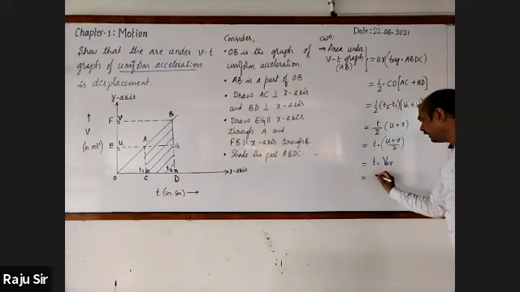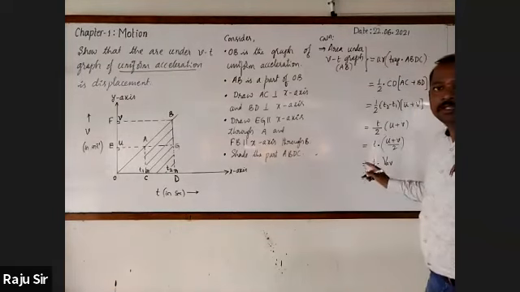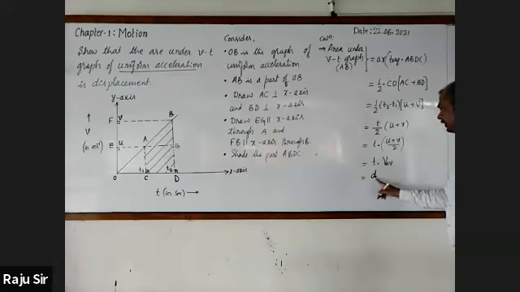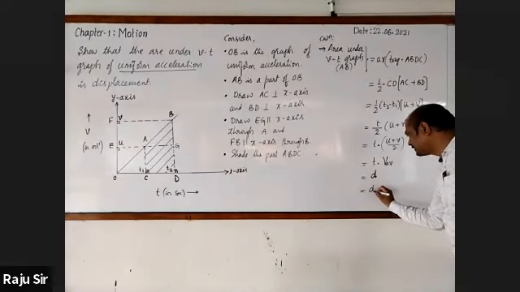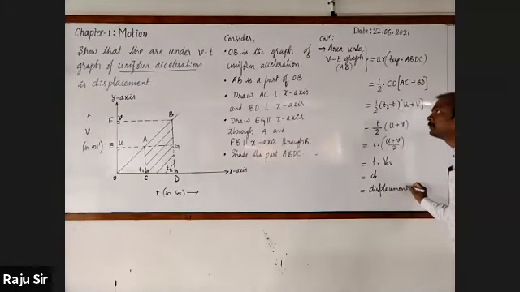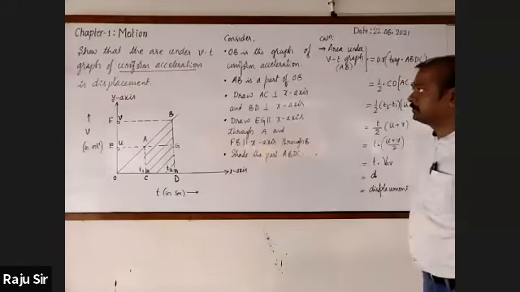So here you may write D. In case of a graph, distance and displacement are both to be considered the same. D is nothing but distance or displacement.